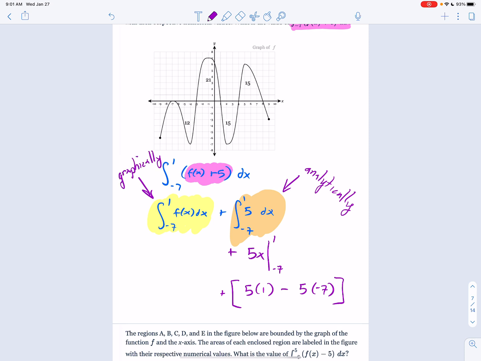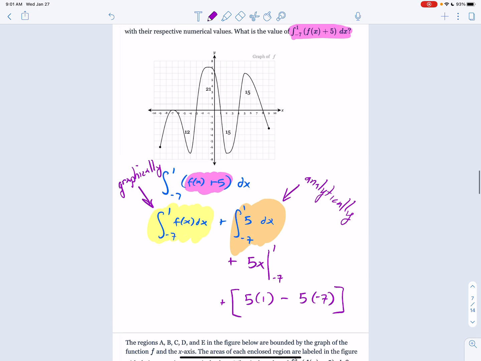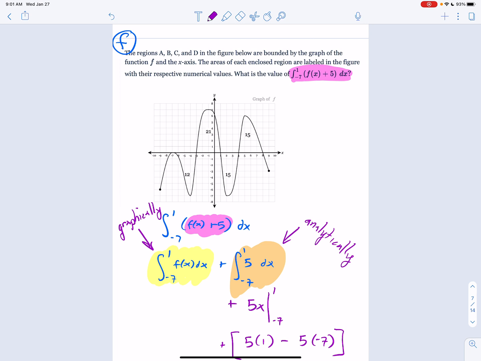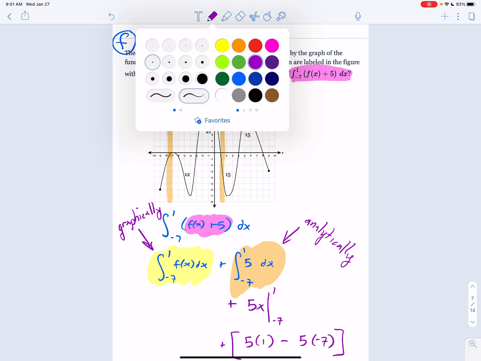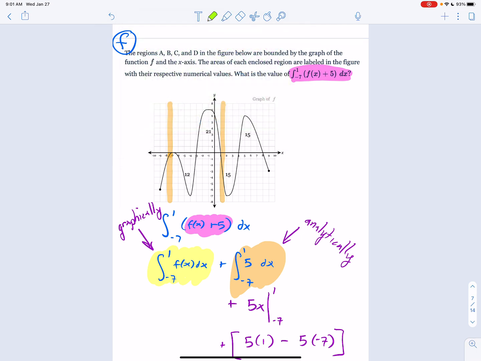So you guys have to have a really good understanding of what integrals mean from all different directions. So integrating, when you're given the graph, that means that you're finding the area, in this case from -7 all the way to +1. So they conveniently gave us the area from -7 all the way to 1, which is this area here, and then this area here.